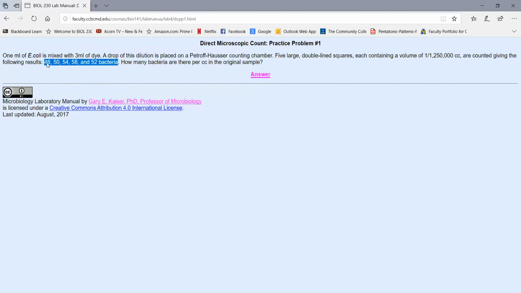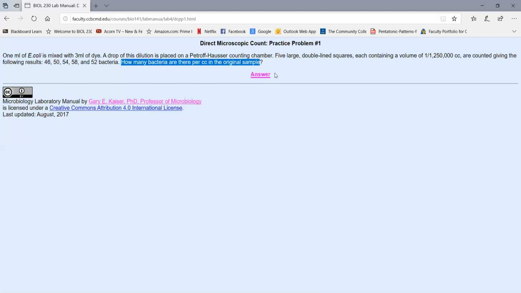So let's say the first square had 46 bacteria. We move the slide over. The second square had 50. The third one had 54. The fourth square had 58. The final one had 52. So we counted 5 squares. From that and the formula, you should be able to plug in the numbers and find out how many bacteria per cc in the original sample.